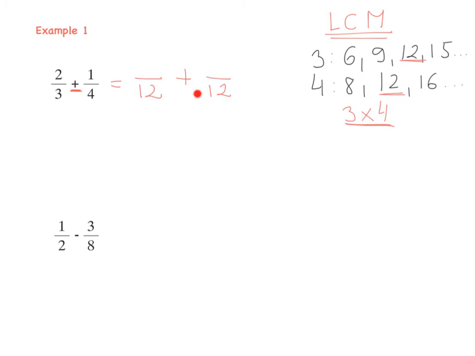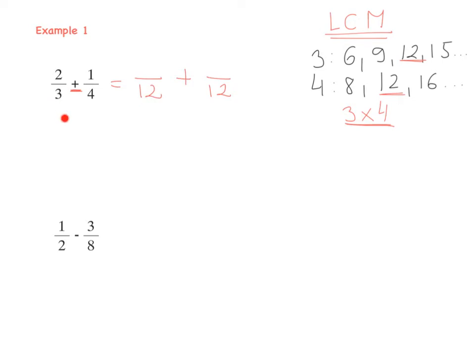We have the new denominator, which is 12, and now we need to look at these fractions. Okay, so we had 3, now we have 12. What did you do to 3 to get 12? Okay, so you had to multiply 3 by 4 to get 12, and we need to get the same fraction here, so you need to do the same to the top number.